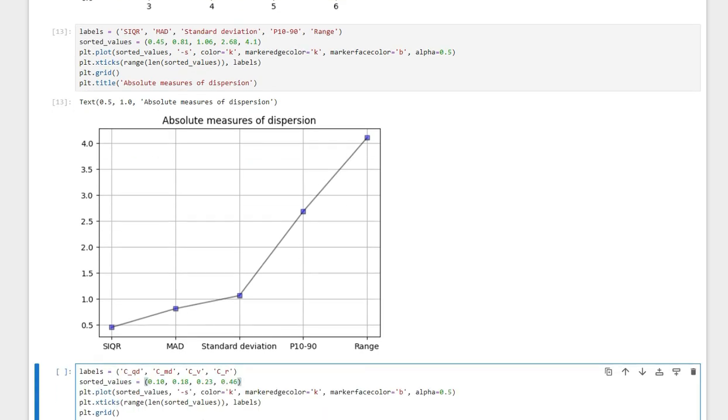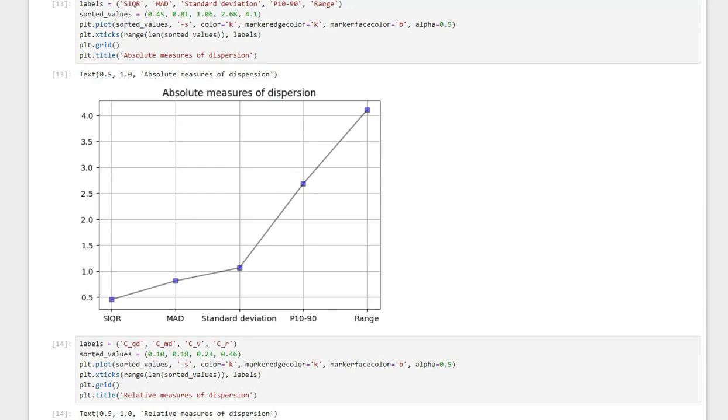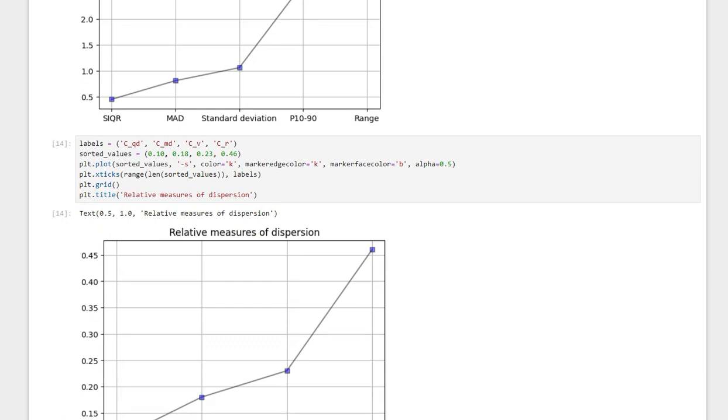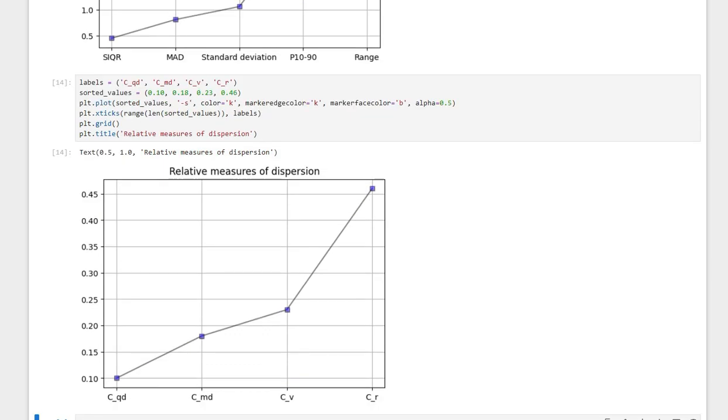Okay, so now let's look at the relative coefficients of the data. So we have this quartile deviation coefficient, mean deviation coefficient, and coefficient of variation, and then the coefficient of range.